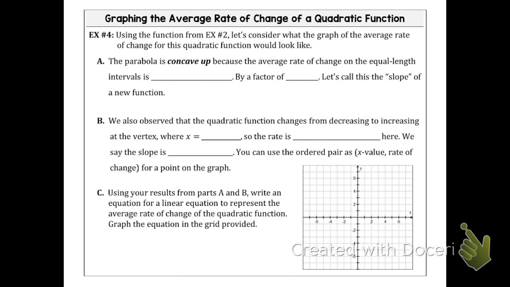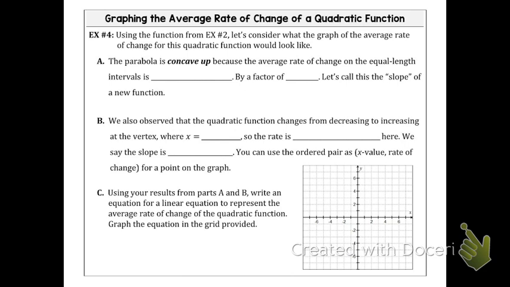All right, example 4. It says, using the function from example 2, let's consider what the graph of the average rate of change for this quadratic function would look like. So the parabola is concave up because the average rate of change on the equal length interval is increasing. So this is the one where we did the second differences, where we saw that the difference was 2 in each one.